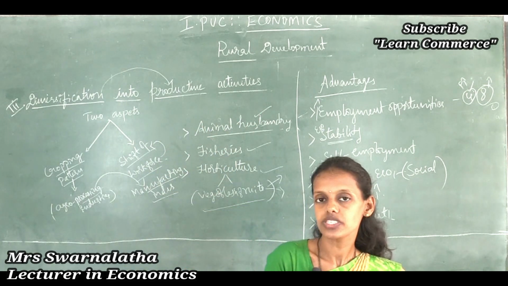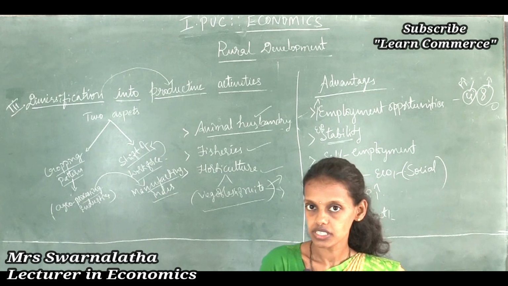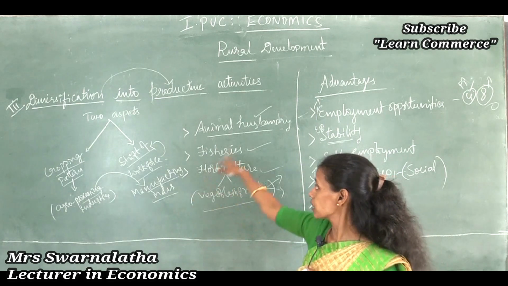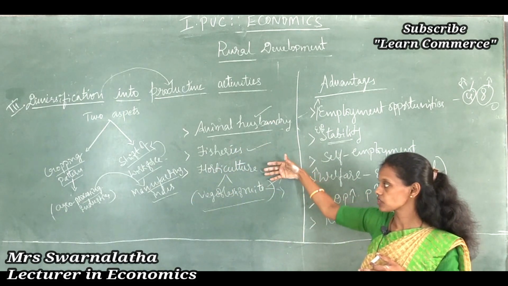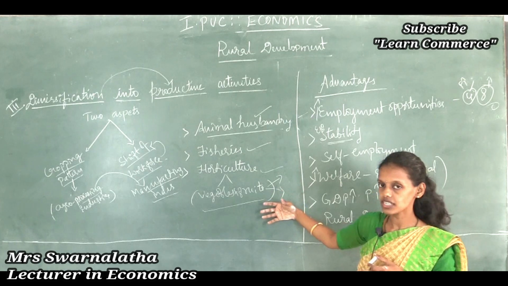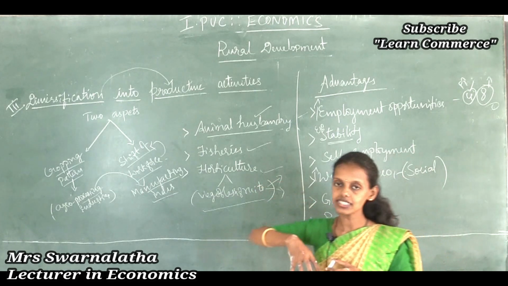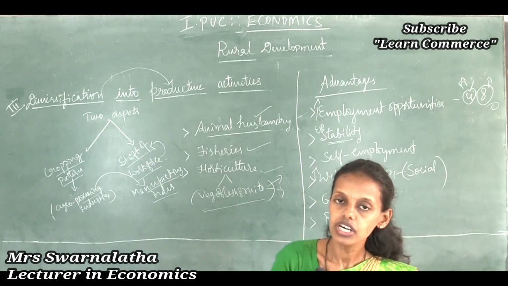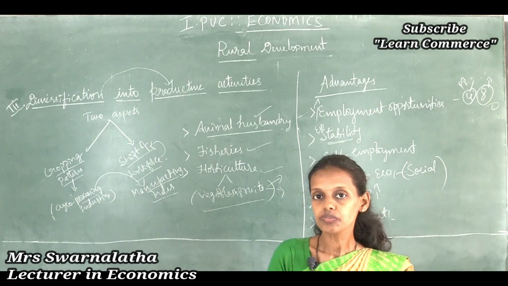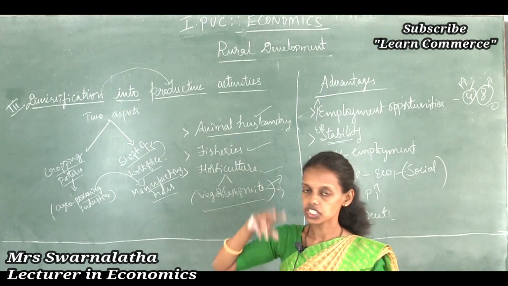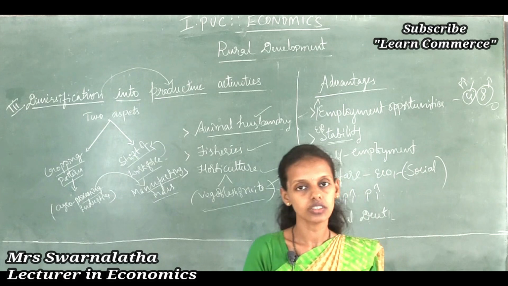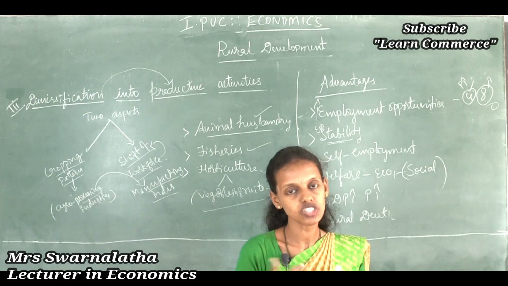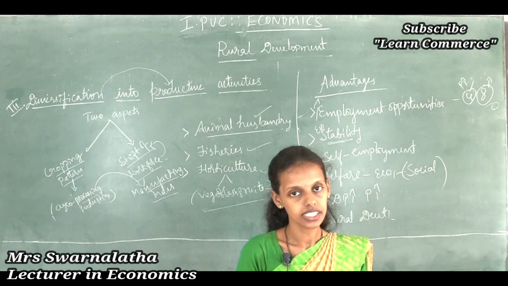In most cases women were doing these works, because they can do animal husbandry, horticulture, growing vegetables and fruits and selling them. So directly they can earn some income and they will be self-sufficient. Thus due to the diversification, the whole economy and rural development happened, economic changes happened in India.